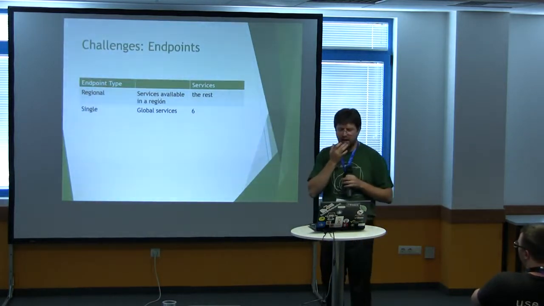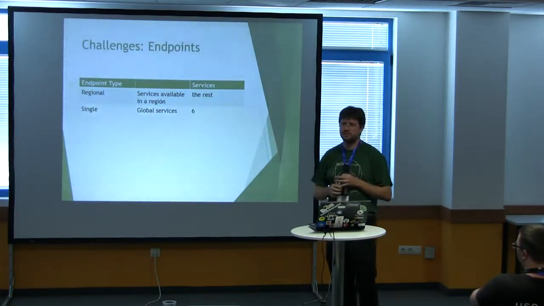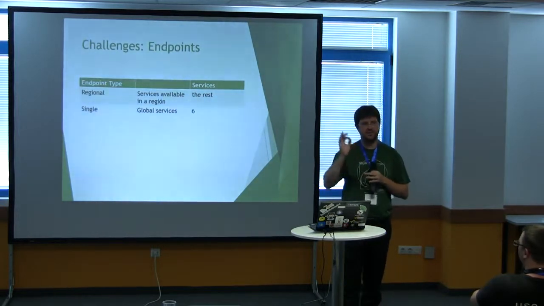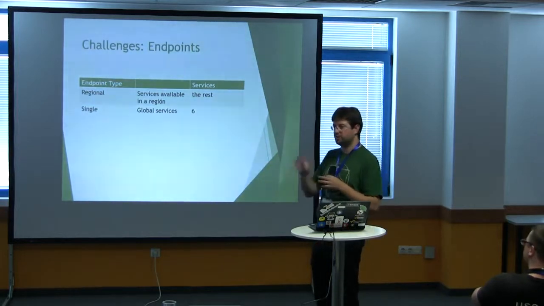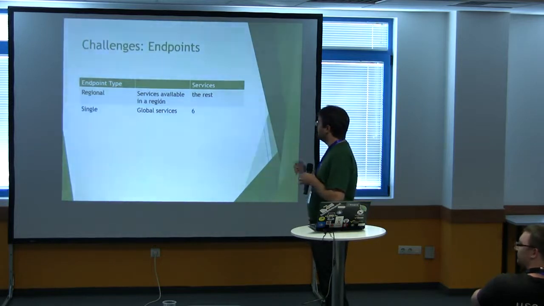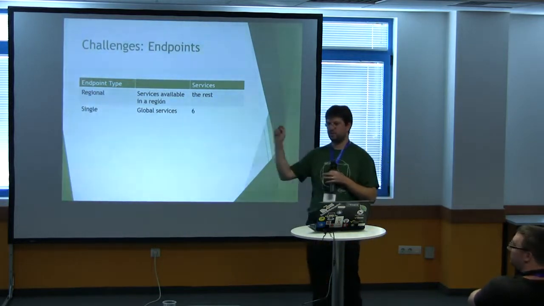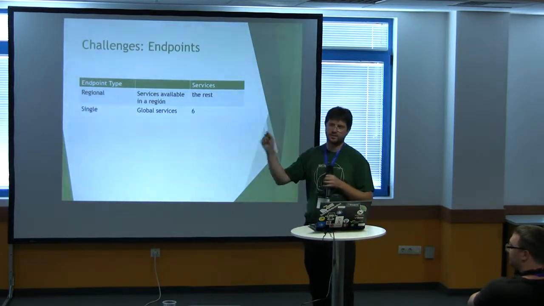So we have 6 global services, and all the rest have specific endpoints for specific regions. So when you want a virtual machine, an EC2 instance that we call them, you say, I want it in US East 1. And you have to call the API in US East 1.